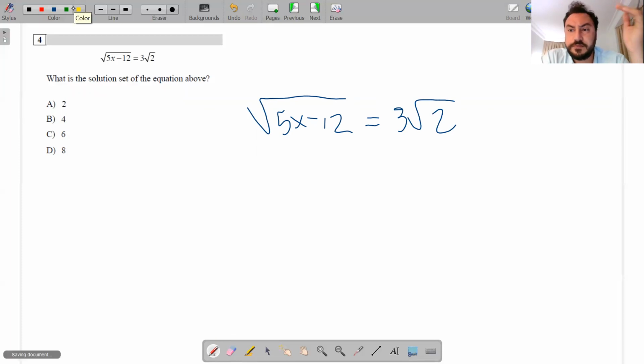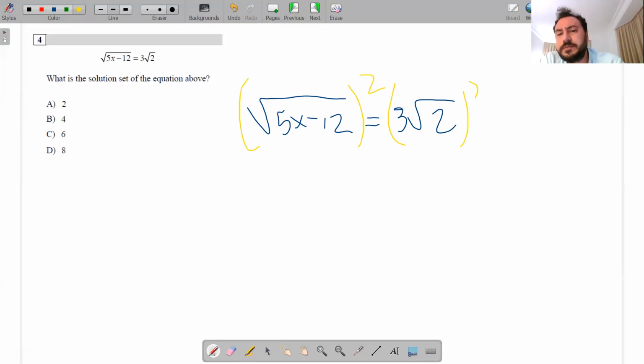Since you have a square root on the left and a square root on the right, basically you power up both sides. Doing that, you eliminate them. It's going to be to the power of 2.